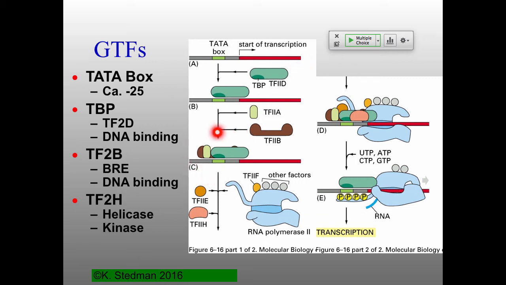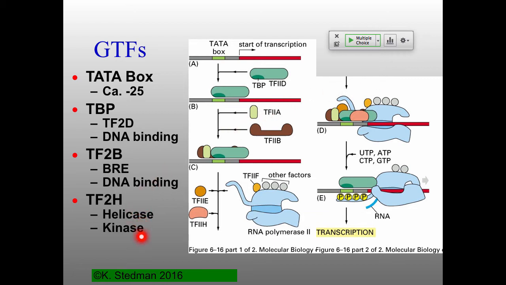Once you have these two complexes of protein bound, then you have TF2E, TF2F, most importantly TF2H, that now associate with the RNA polymerase and bring this whole thing to the promoter. Bunch of different proteins, whole thing that has to be added together.